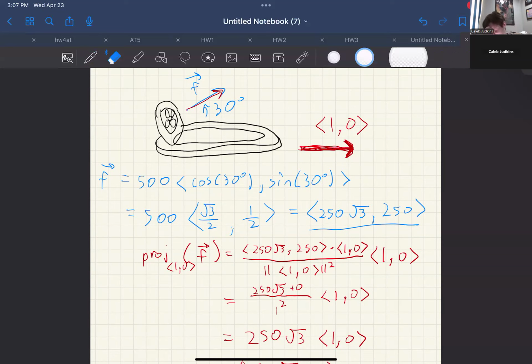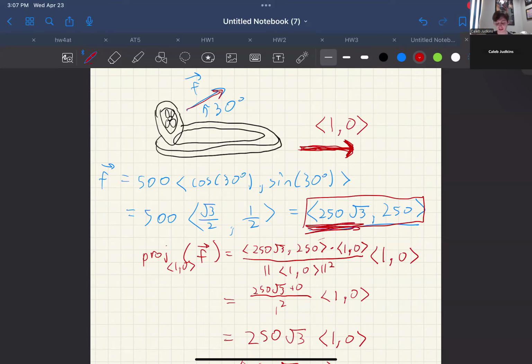If we were clever, we wouldn't need to do this projection thing in this really specific scenario because the vector 1, 0 is truly just saying, hey, going to the right, right? This question is just how much is this vector pushing us horizontally? Well, we should be able to just read that off.